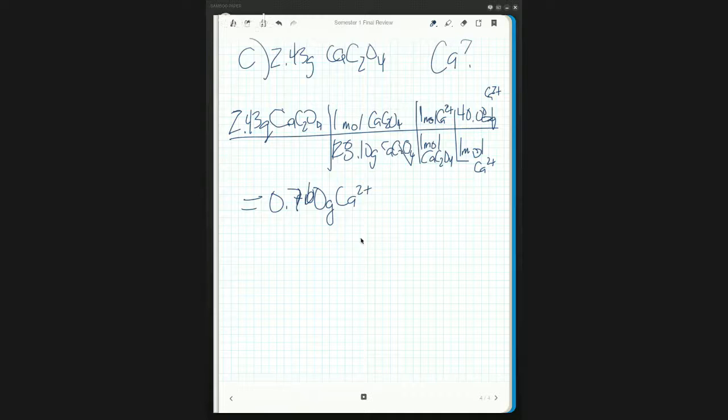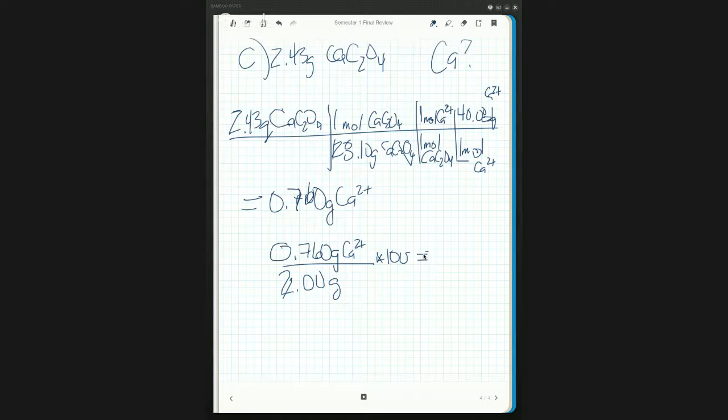Okay, and it wants to know the percentage by mass. And so it's 0.760 grams calcium 2 plus over 2.00 grams of the limestone. That's good. Times is percentage, so it's times 100 equals, so 0.760.